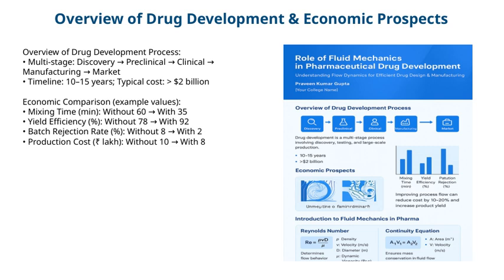Batch rejection rates also drop from 8% to just 2%, reducing waste and increasing overall productivity. And in terms of production costs, we see a reduction from 10 lakh rupees to 8 lakh rupees per batch. These improvements are crucial because they directly impact the overall cost, speed, and efficiency of drug manufacturing, which ties back to the broader theme of optimizing the drug development process and making medicines more accessible and affordable.